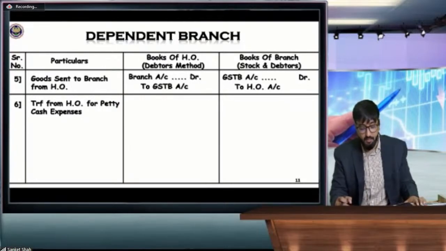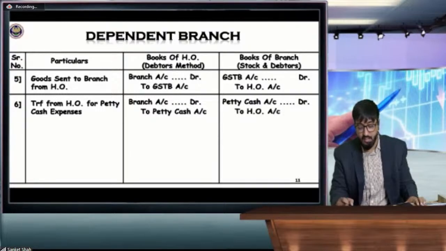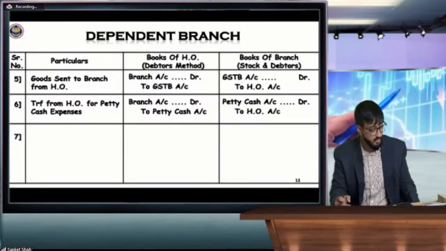Then transfer from HO for petty cash expense. Branch account debit to petty cash account. Petty cash account debit to HO. Transfer from HO for petty cash expense: branch to petty cash and petty cash to HO.